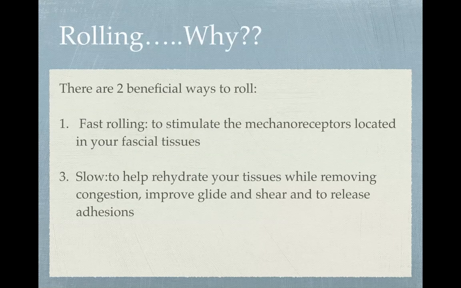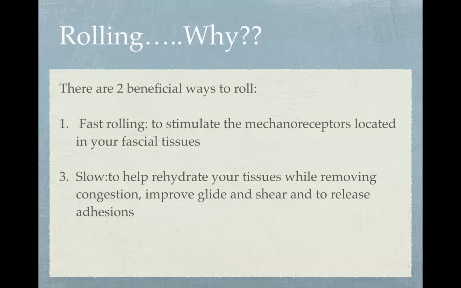Okay, so we're going to talk a little bit about rolling, because rolling is very fascial, and there are a couple ways to do it and a couple reasons to do it. Oh, there's many ways to do it, but there's two that are really beneficial. And one is the fast rolling. And you'll notice in the beginning of class, we will do really, really fast rubbing our hands together, rolling our feet together.